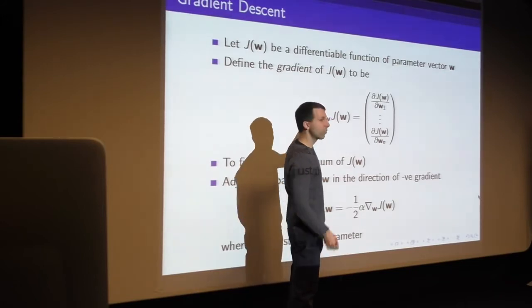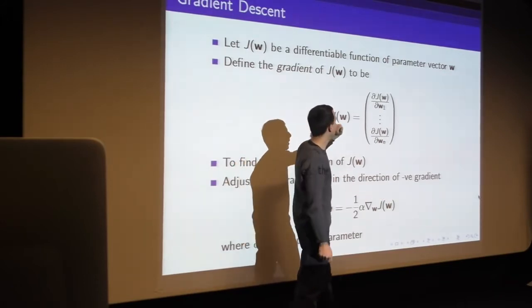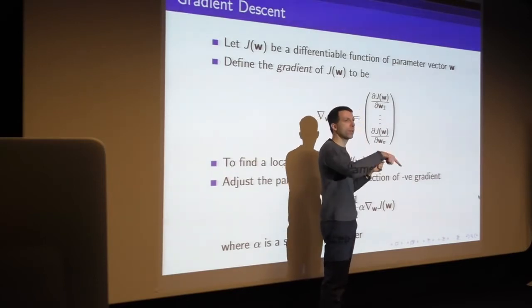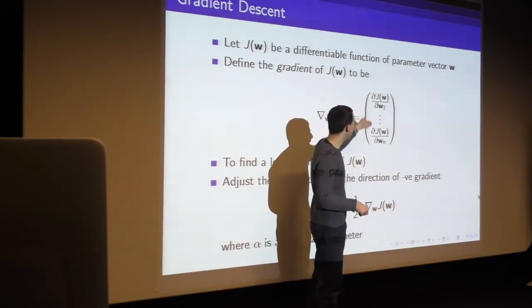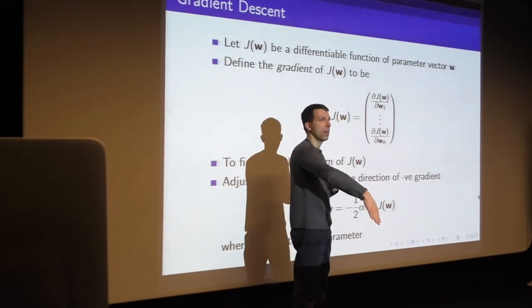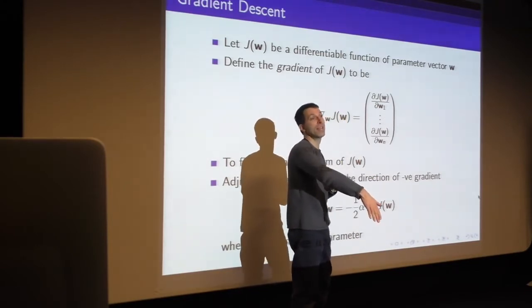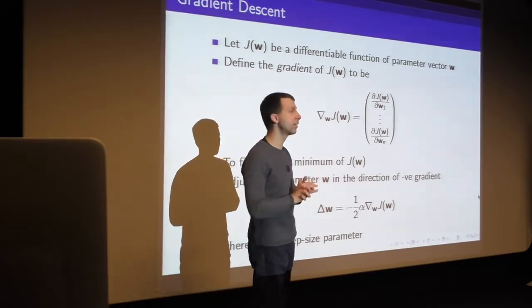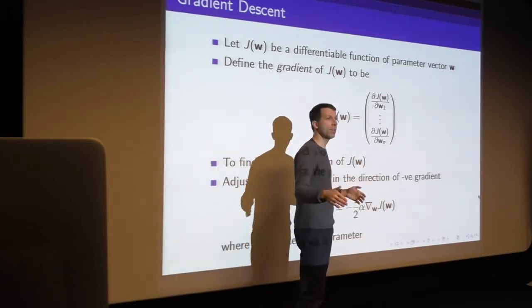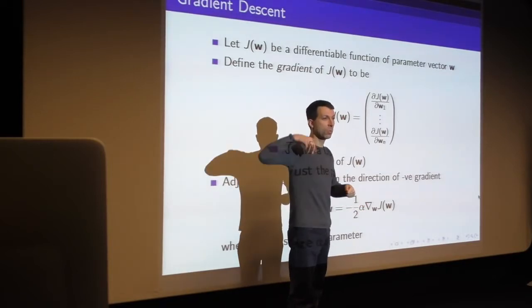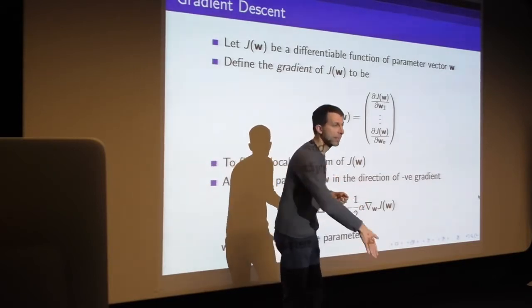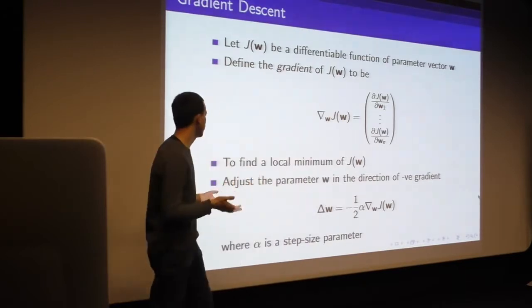The gradient vector is the vector of partial derivatives with respect to each of our parameters in turn. So this vector basically tells us the direction of steepest descent, or steepest ascent. And we're going to follow this downhill. This thing tells us, if I'm on some surface, which way is down? And I want to follow that down my surface in the steepest possible way.